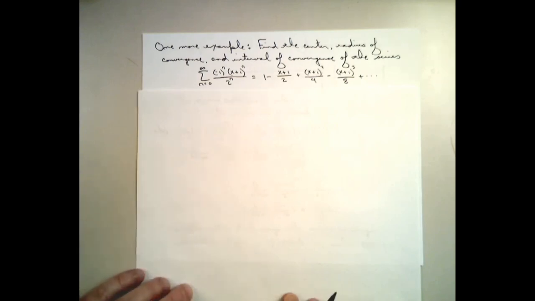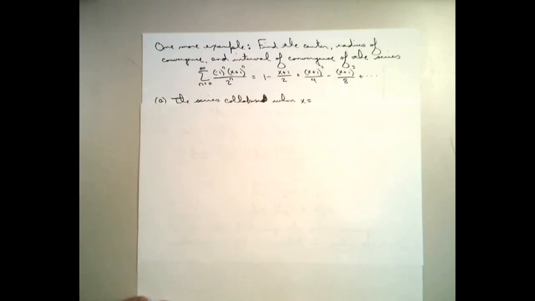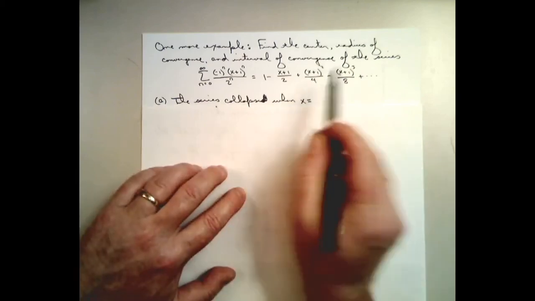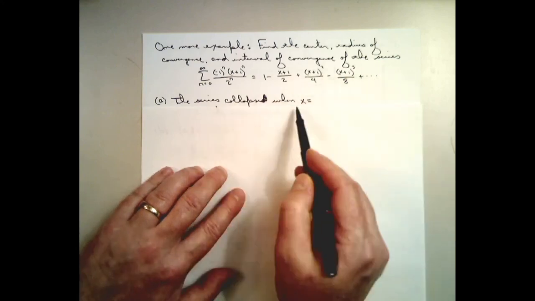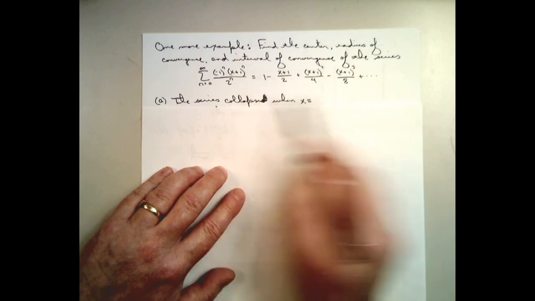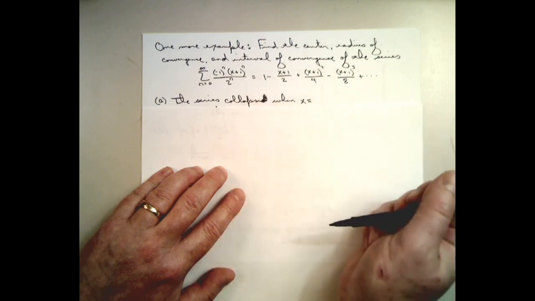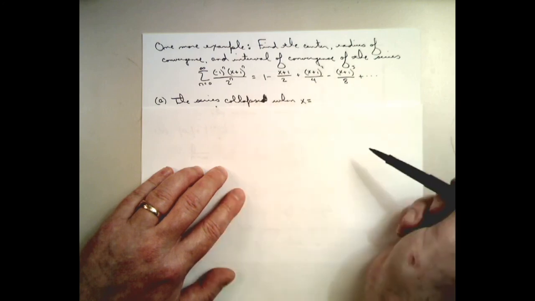So let's see. First of all, the easiest thing to identify is the center of the series. At what number is this series centered? Again, the number at which the series is centered is the number at which the series collapses. Where does the series collapse?